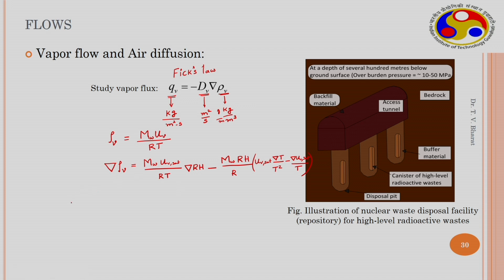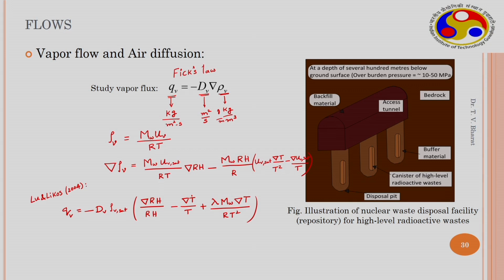Once you simplify this and substitute in this expression, the expression for steady vapor flow as given in Lu and Likos is qv equals minus Dv rho v sat times del RH by RH minus del T by T plus lambda MW del T by RT square.